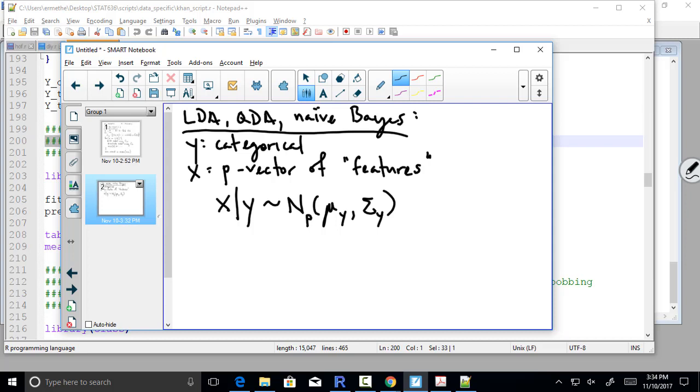This expression specifies a likelihood. A likelihood is a consequence of a probability distribution that you assume for the x variable. If we said the x's were multivariate normal like we do here, we're specifying a likelihood.